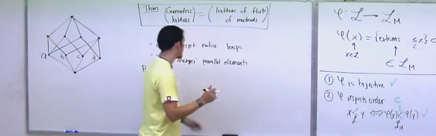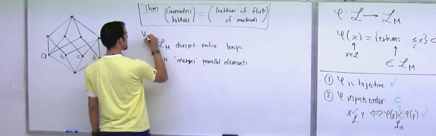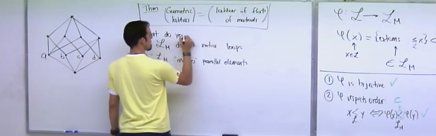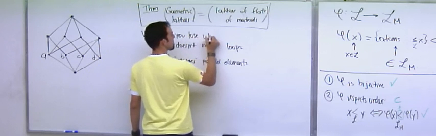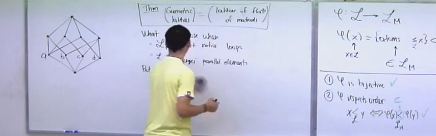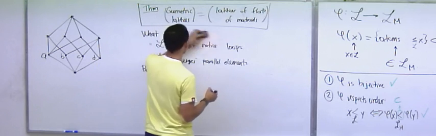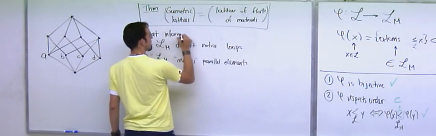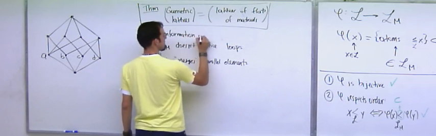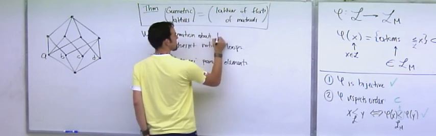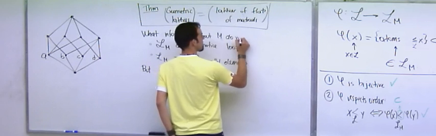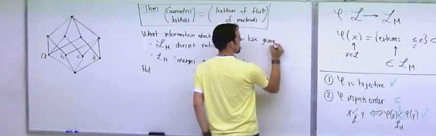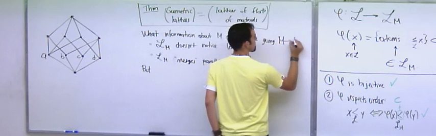And the question is, what information about M do you lose going from the matroid to the lattice?